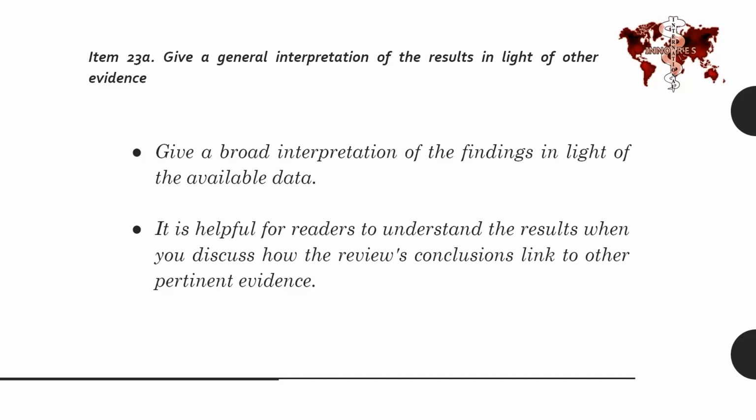By this, I mean that the authors are expected to compare their own results to results of similar systematic reviews, by which I mean systematic reviews that address the same question using different methods or that addressed slightly different questions. And authors are expected to explore the possible reasons for discordant results, if there are any.